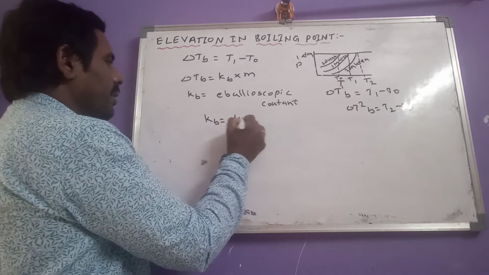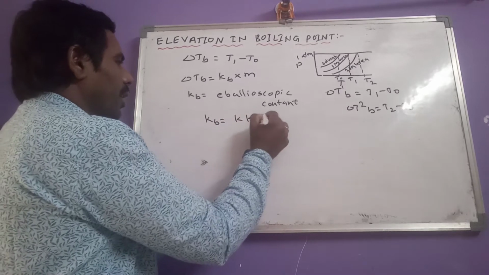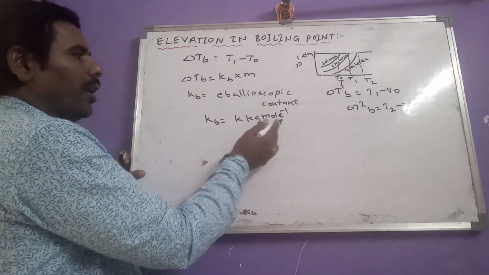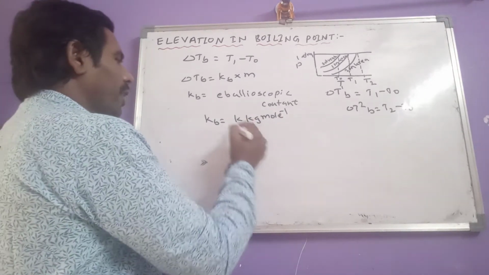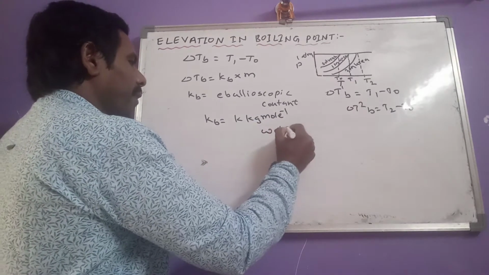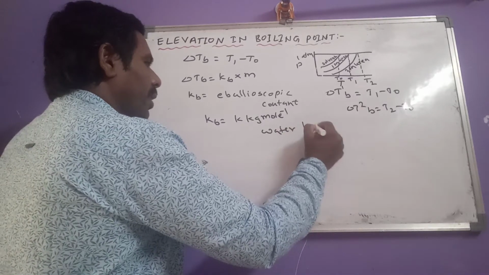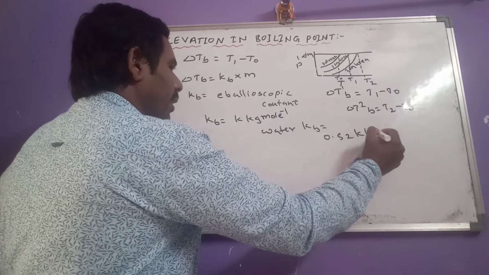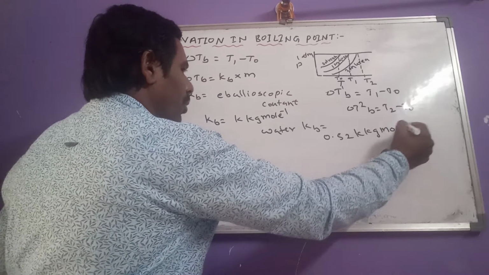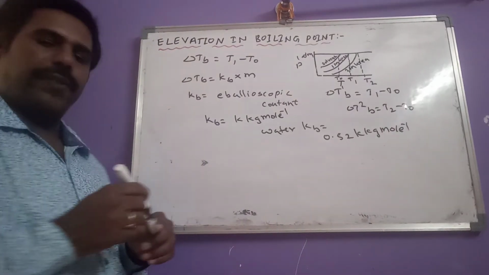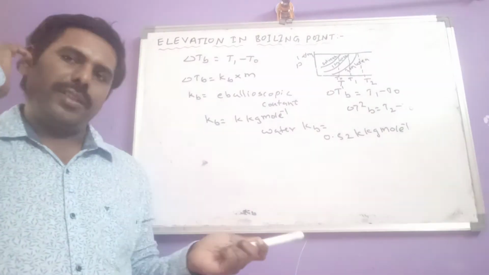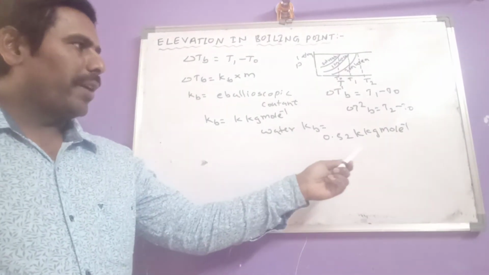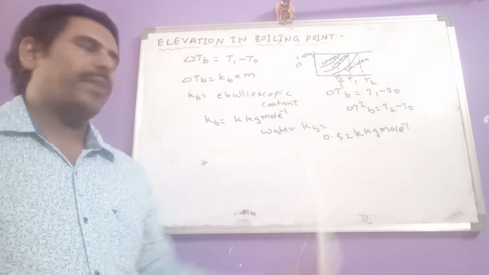KB units are Kelvin kilogram per mole, Kelvin kilogram mole inverse, and for water the Kb value is 0.52 Kelvin kilogram mole inverse. Okay, that is a fixed quantity because it is a constant.